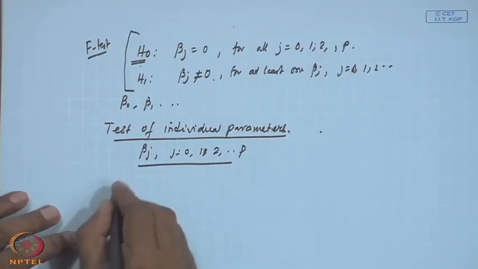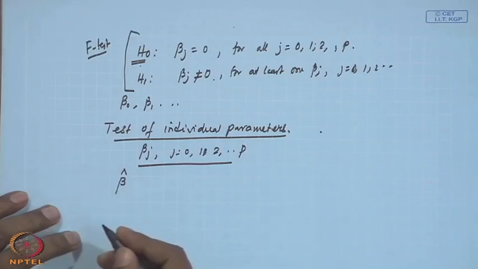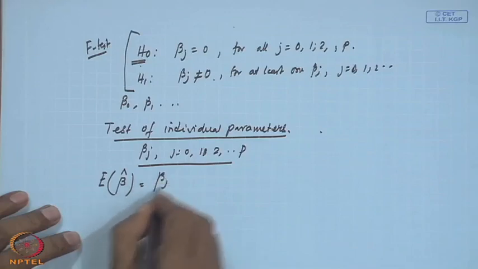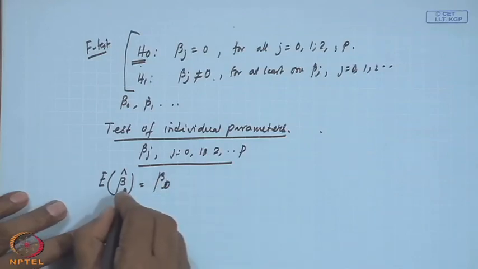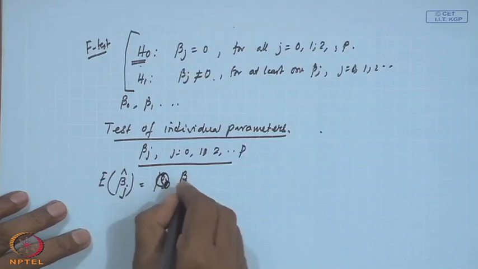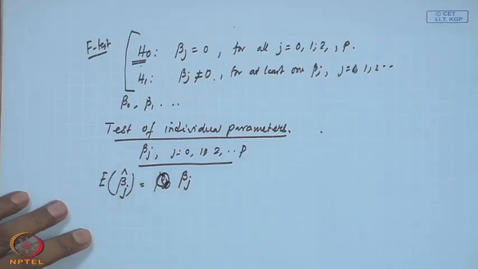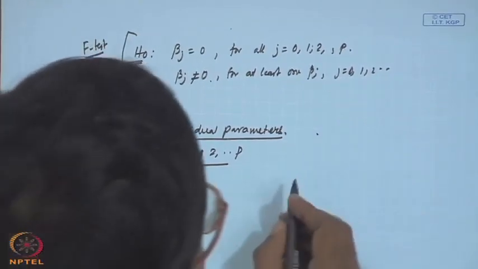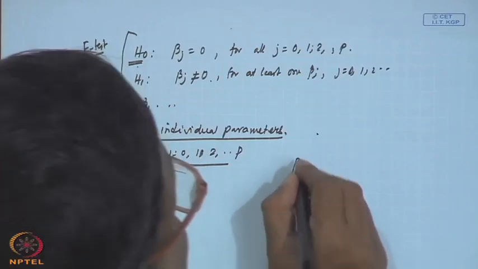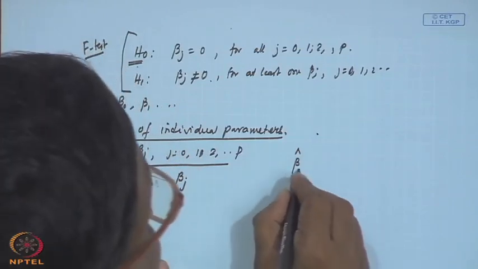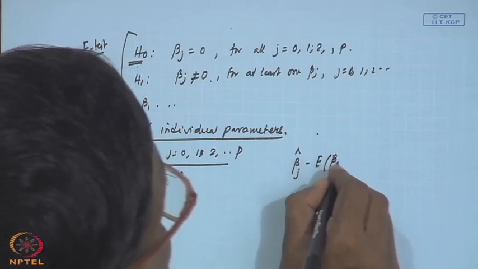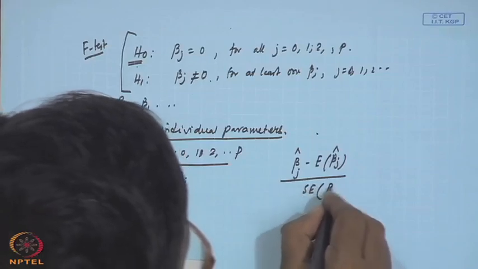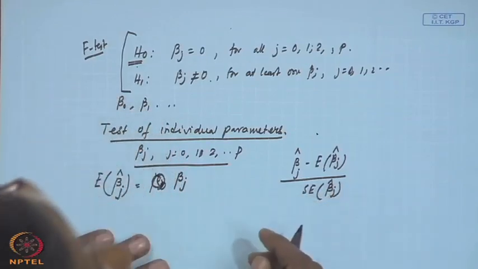You have seen earlier that beta cap is the estimate of beta. So, that means the expected value of beta cap j will be beta j. Now, we can also create one statistic like beta cap j minus expected value of beta cap j, divided by the standard error of beta cap j.